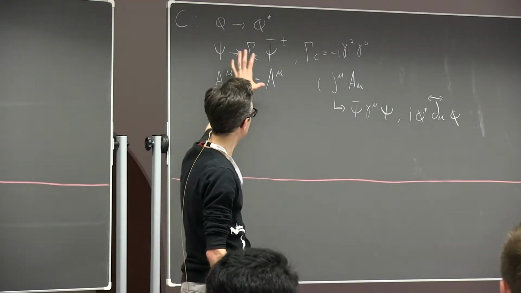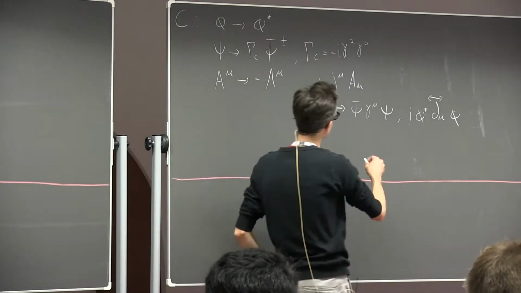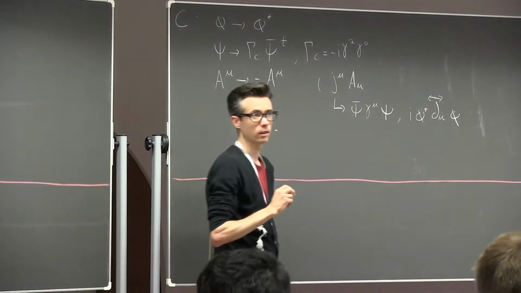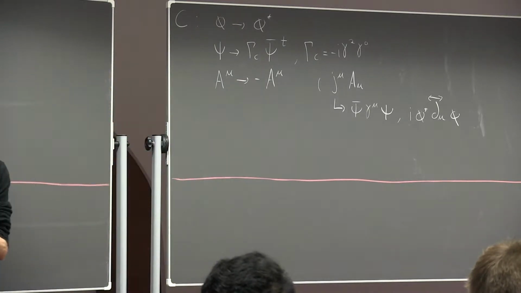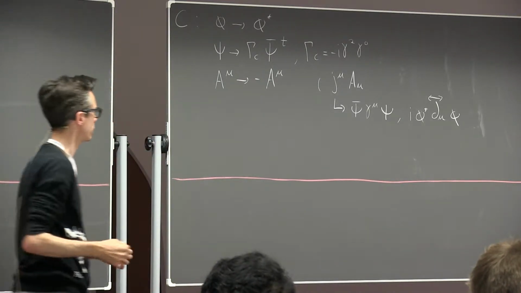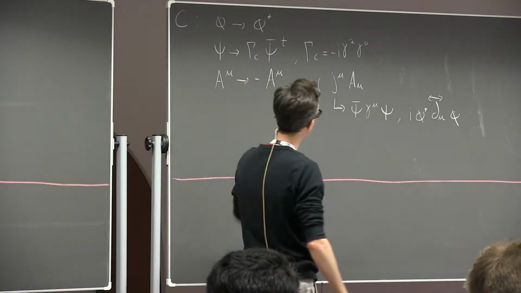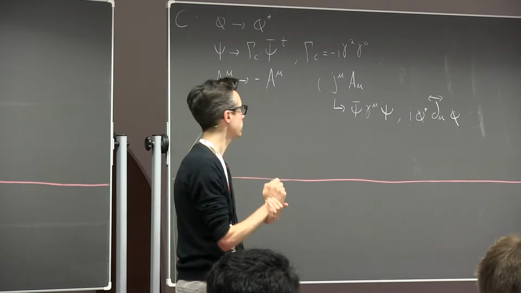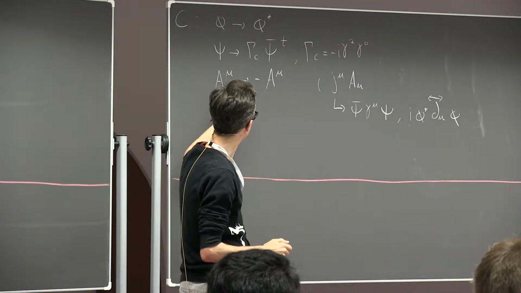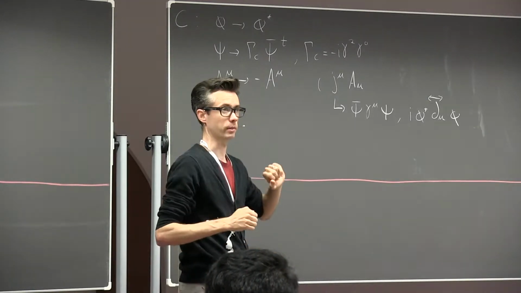Either way, when you apply these transformations, these things pick up a sign under C transformations. This is what you'd expect. When you flip a particle and an antiparticle, the effective sign should change, and that corresponds to the sign of the current changing. To compensate, if you want C to be a symmetry of QED, you also have to assign A_mu goes to minus A_mu under this transformation.